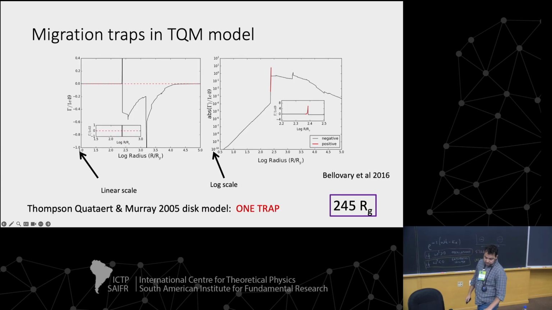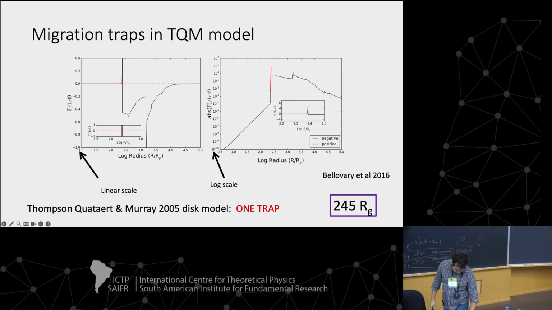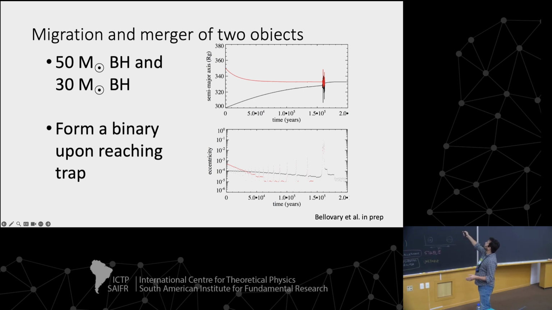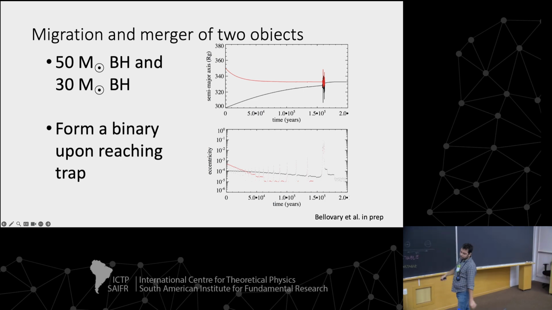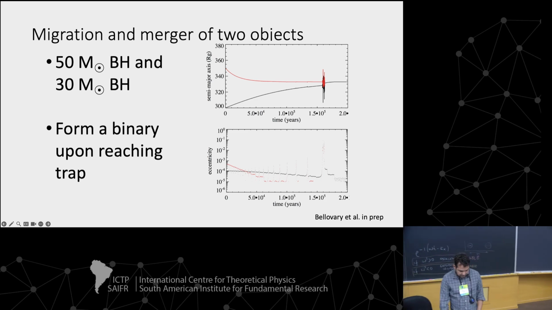And the TQM model has 1 migration trap, which is here at about 245 gravitational radii. When you put orbiters inside the disk, yeah, they quickly migrate to this trap, and you have those same gravitational interactions that we saw in protoplanetary disks, and then they form a binary when they reach.